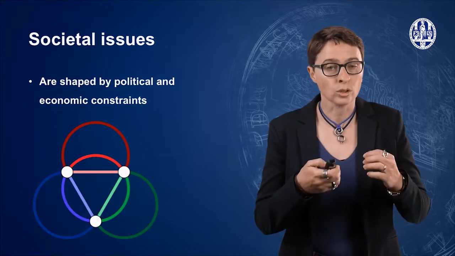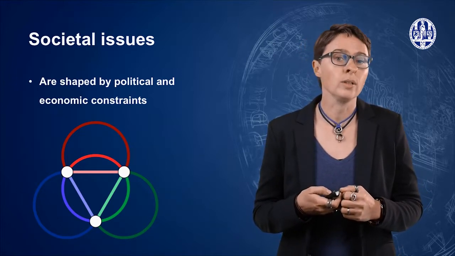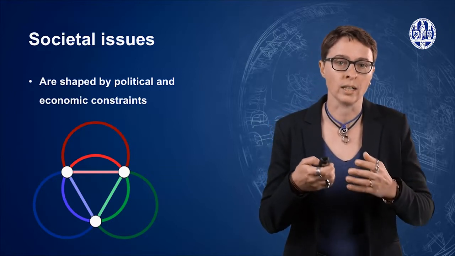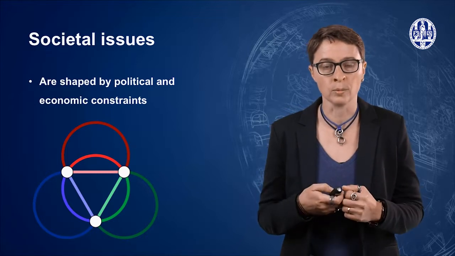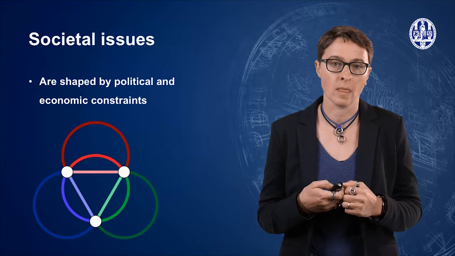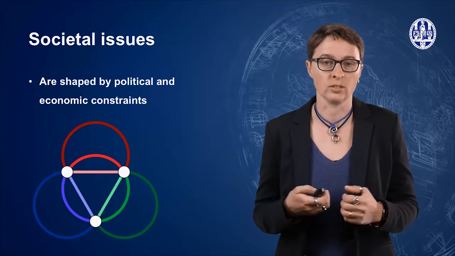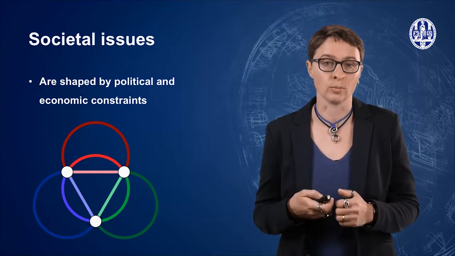What's more, what often occurs when we seek to deal with societal problems is that we encounter competing values and all sorts of political and economic constraints that not only influence the scoping of the problem, but also the potential solutions that are available. Different political parties focus on different societal issues, and when in government, choose to spend money on different problems.